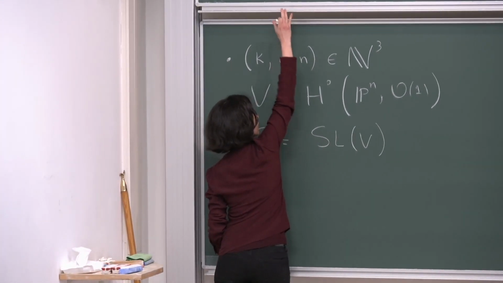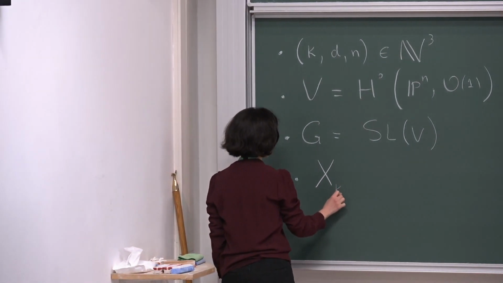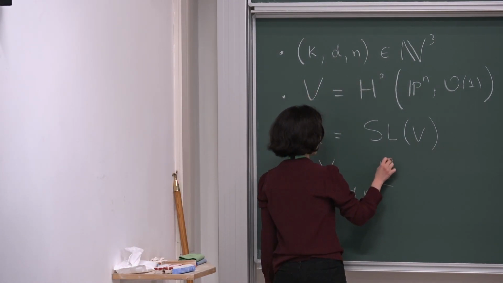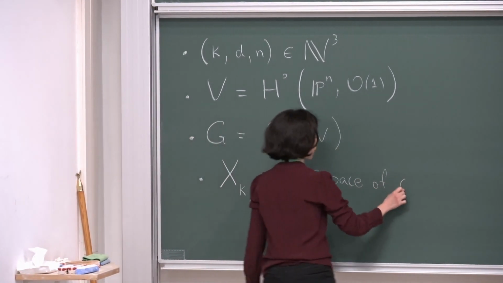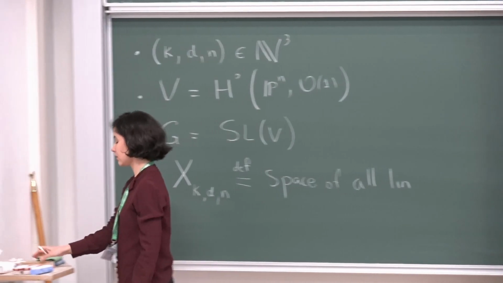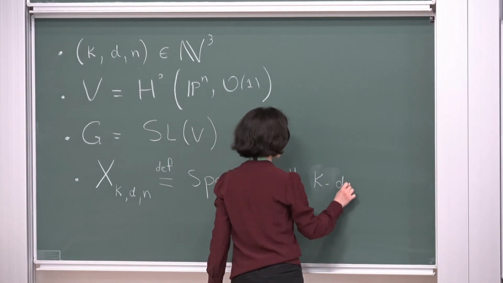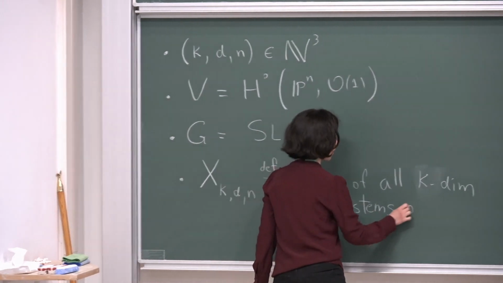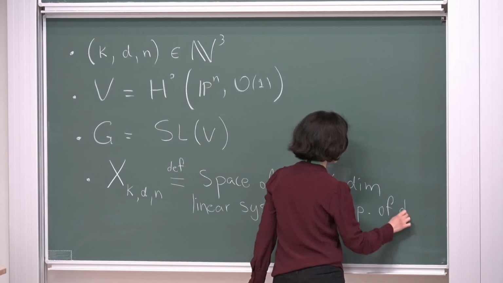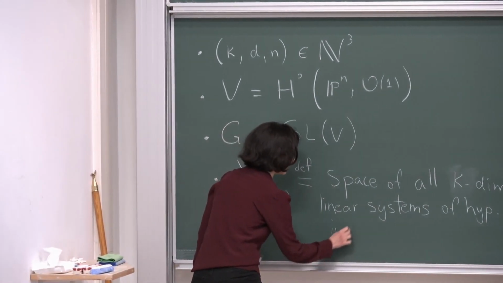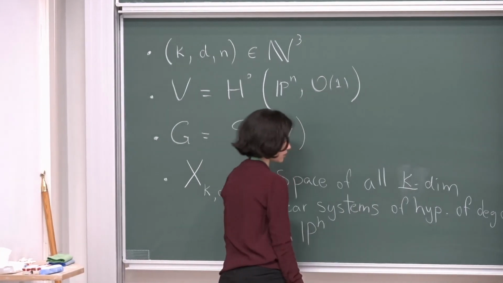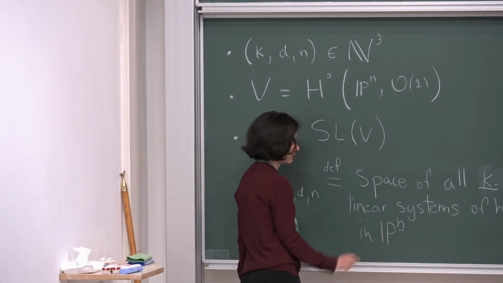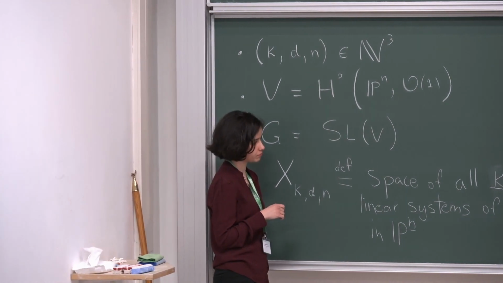Now let's consider X_{K,D,N}, with the same numbers, to be the space of all k-dimensional linear systems of hypersurfaces of degree D in P^n. So K is the dimension of the linear system, D is the fixed degree of the hypersurfaces in that linear system, and N is the dimension of the fixed projective space that I'm considering.